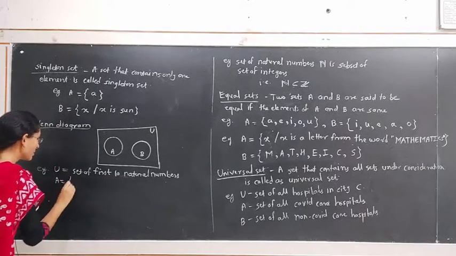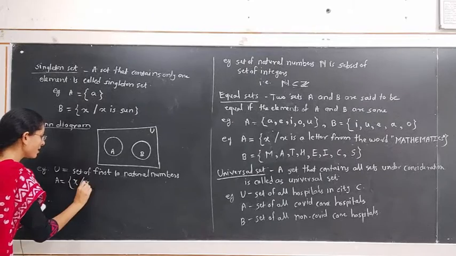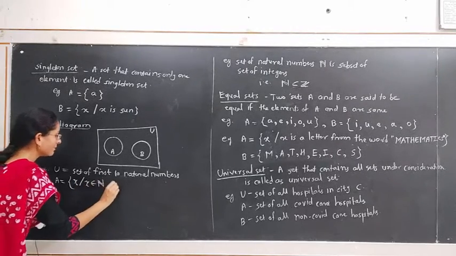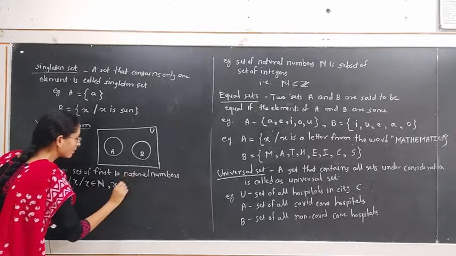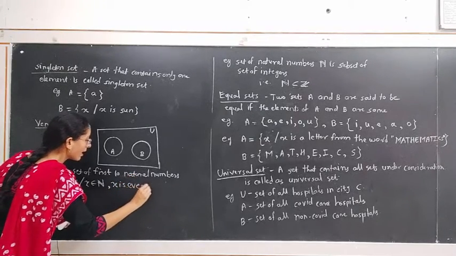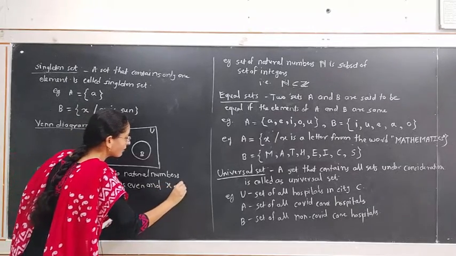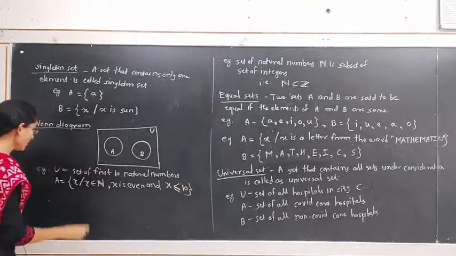A is equal to the set of all elements x where x belongs to the set of natural numbers, x is even, and x is less than or equal to 10.